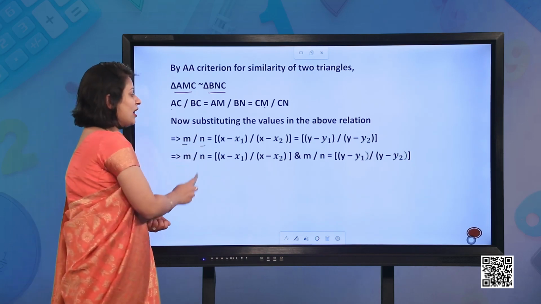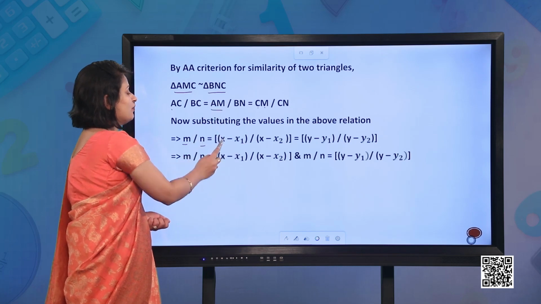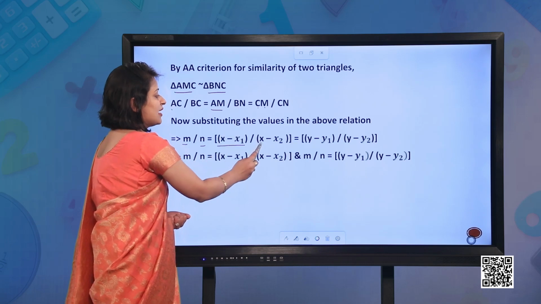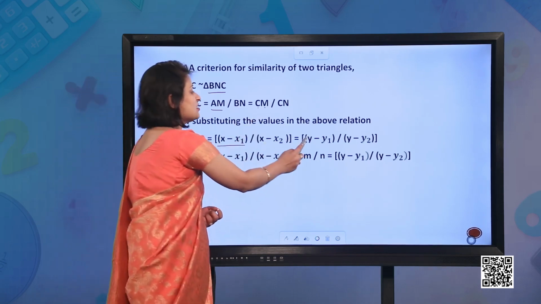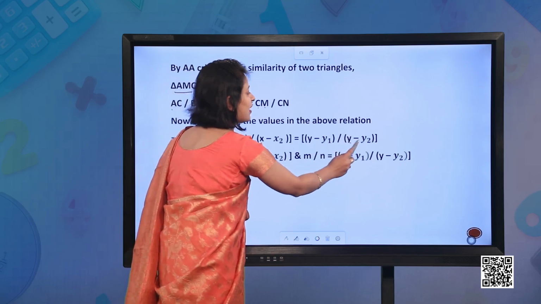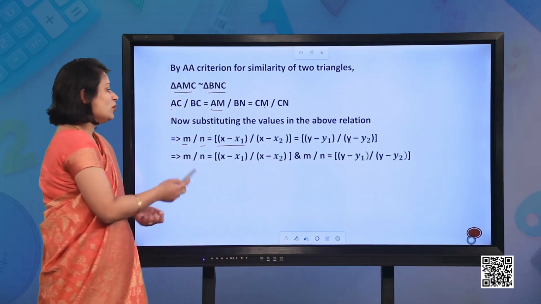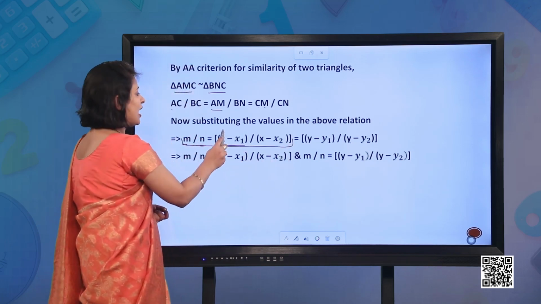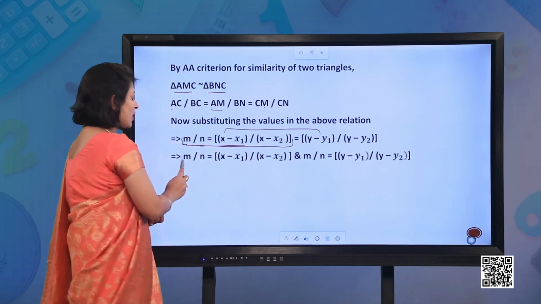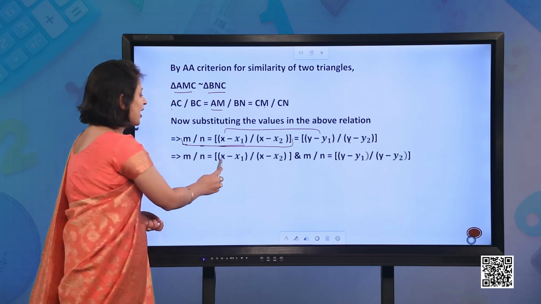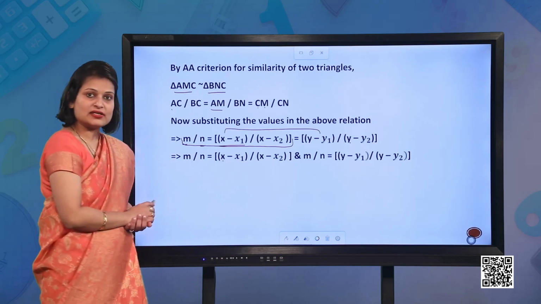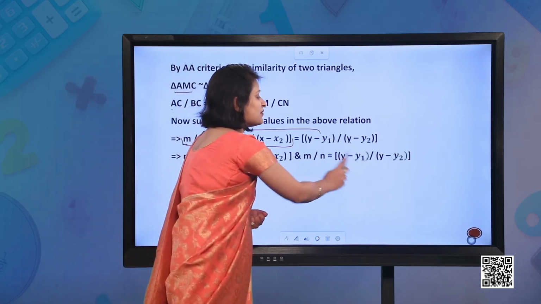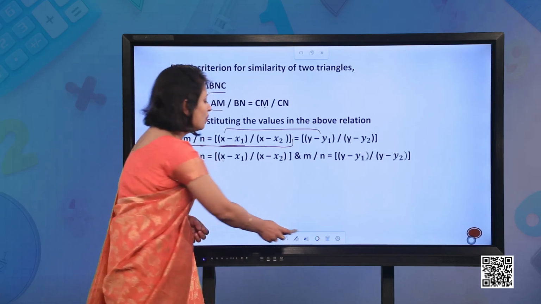So m upon n, after substituting, as you know AM is x minus x1, BN is x minus x2, CM is y minus y1 and CN is y minus y2. You can write this as m upon n is equal to (x minus x1) upon (x minus x2), and m upon n is equal to (y minus y1) upon (y minus y2).